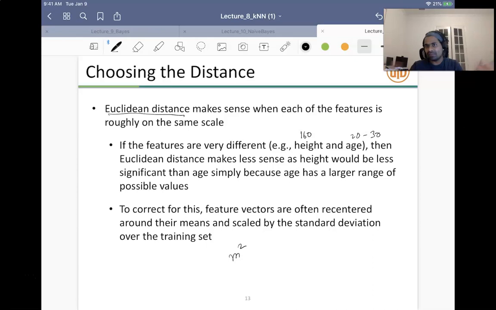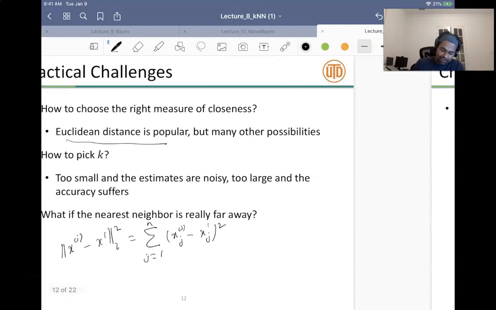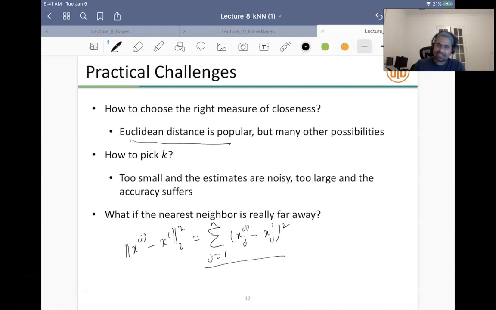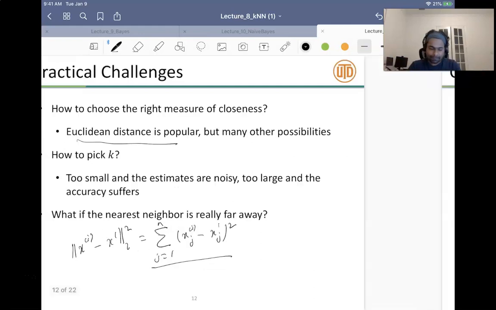This would potentially be a very large number. And another feature could be the number of bedrooms or number of bathrooms. So obviously the area is not going to be in the same scale as the number of bedrooms and bathrooms. Now the problem is that in the Euclidean distance, we are assuming that they are roughly in the same scale. Otherwise, one difference will dominate the other considerably. Okay?